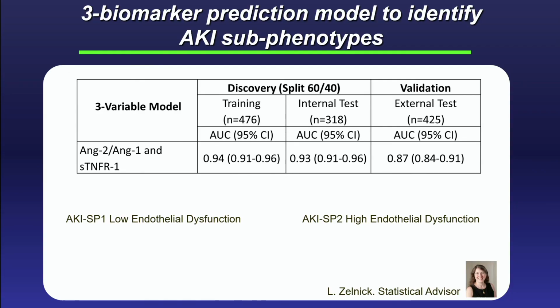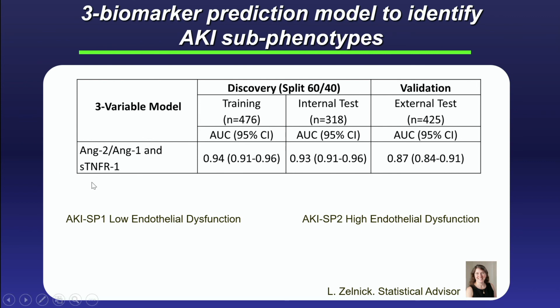And so this is work with Leila Zelnick from the Kidney Research Institute, but she was able to apply a machine learning model called lasso regression to identify a parsimonious set of variables that could potentially differentiate these two subphenotypes. So we split the discovery population into a training and internal test group, and then we had an external population.